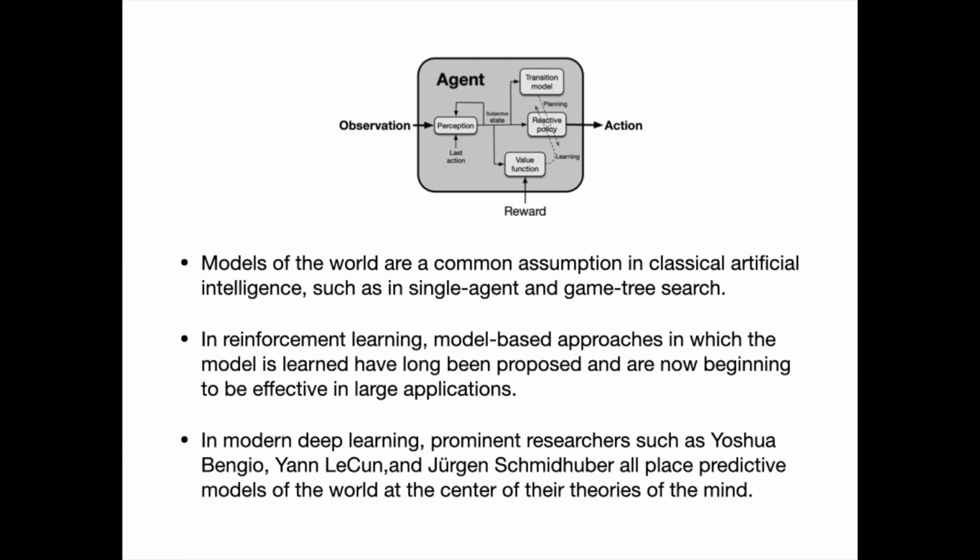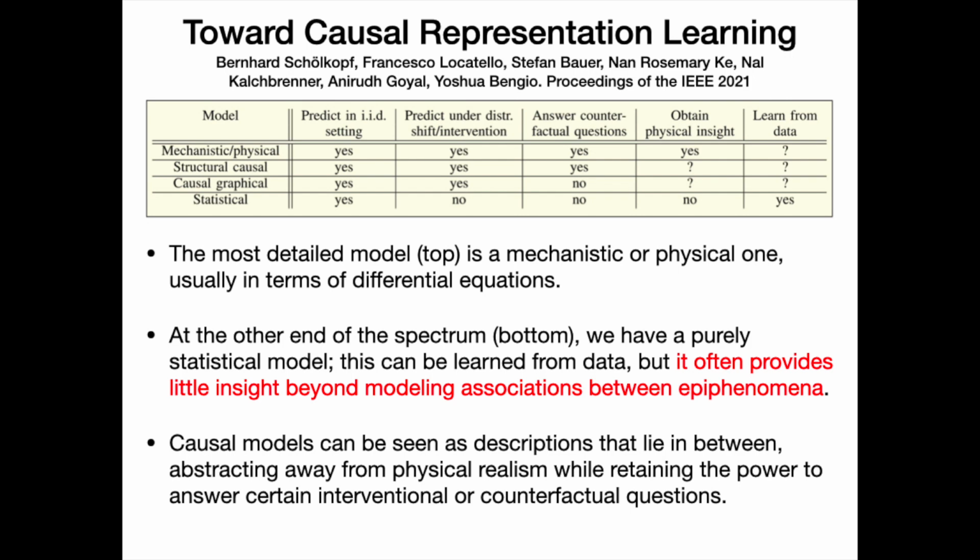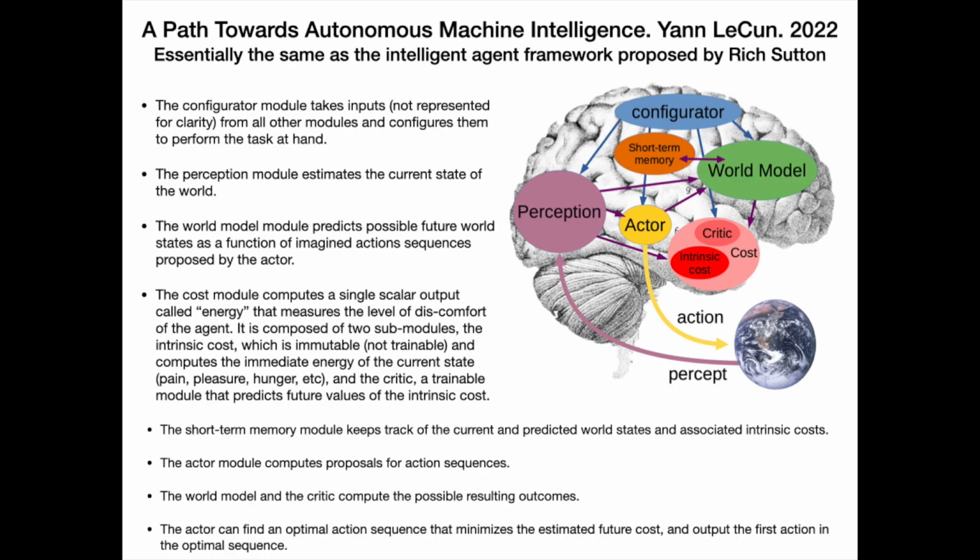In modern deep learning, prominent researchers such as Yoshua Bengio, Yann LeCun, and Jürgen Schmidhuber all place predictive models of the world at the center of their theories of the mind. Purely statistical models often provide little insight beyond modeling associations between epiphenomena. The path towards autonomous machine intelligence by Yann LeCun is essentially the same as the intelligent agent framework proposed by Richard Sutton.